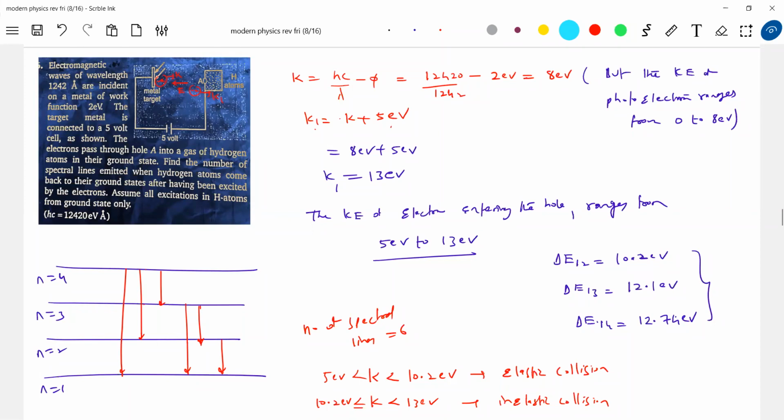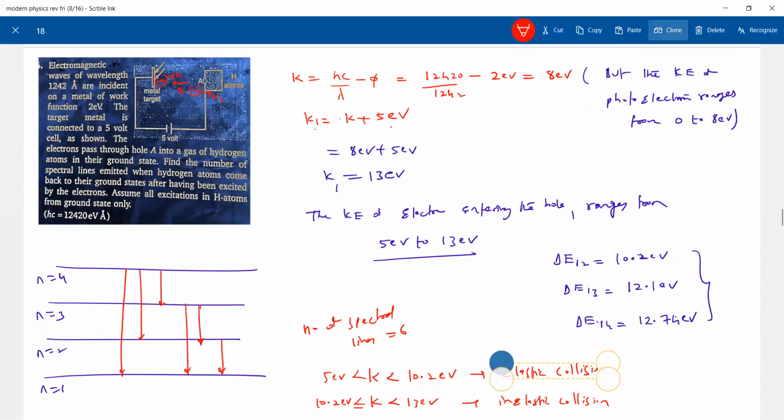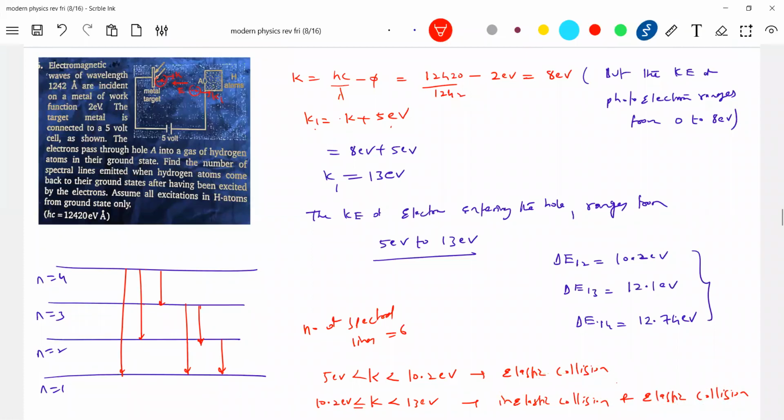But the first case is for sure. In the second case, it may be inelastic or it may be elastic. We'll write both, that will be the more justified one. Let me put it.